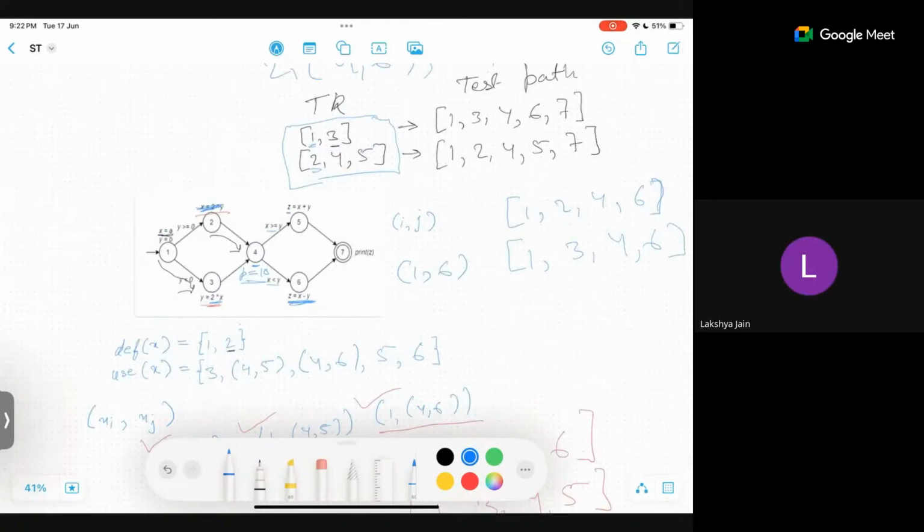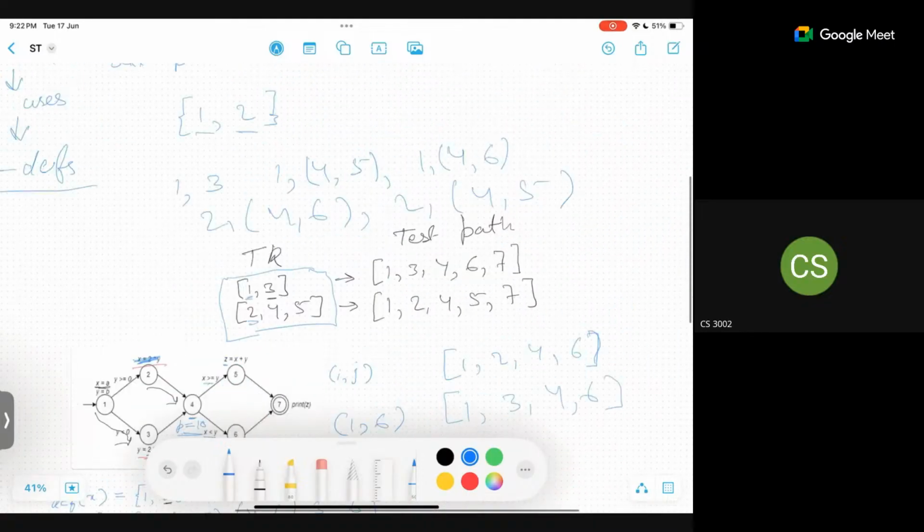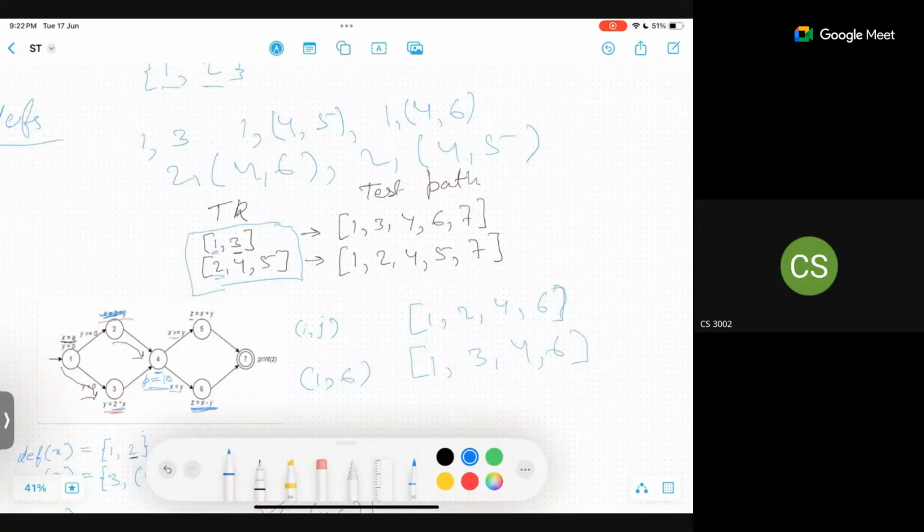Okay, def path set. The def path set is the du path set, basically this one, right? So here you have a definition for it. You must have seen it on the slide as well.